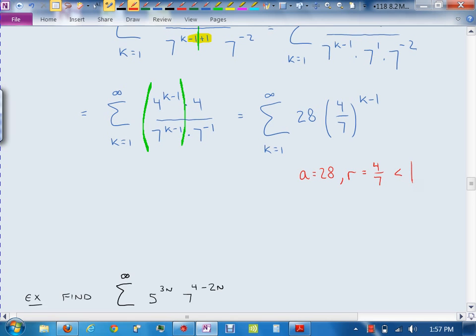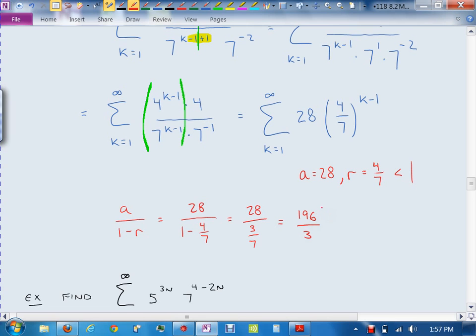converges. And it converges to a over 1 minus r, which is 28 over 1 minus 4/7, which is 28 over 3/7, which is, you have to multiply 7 on top, 196 over 3.